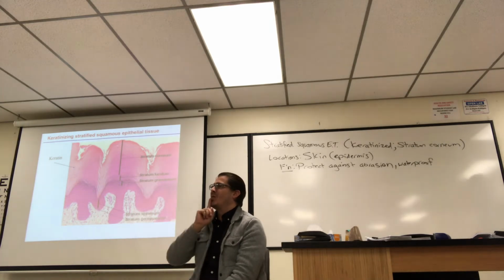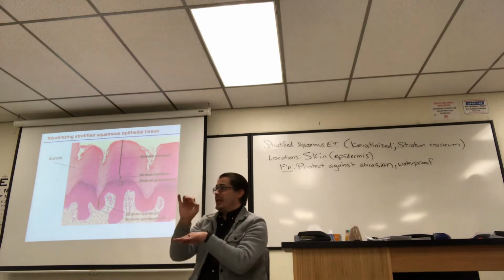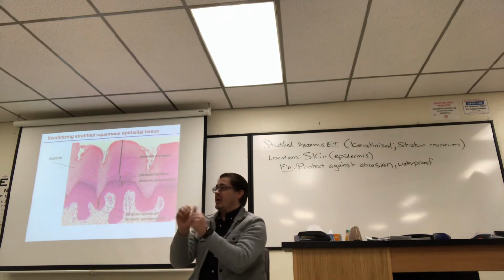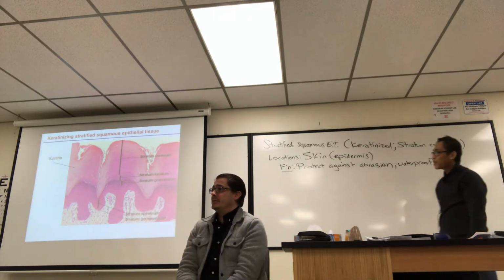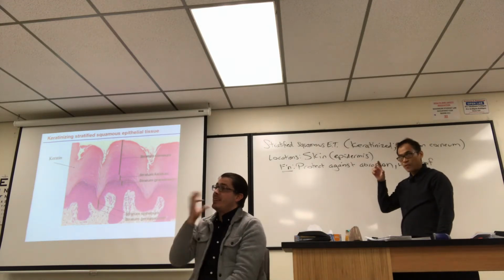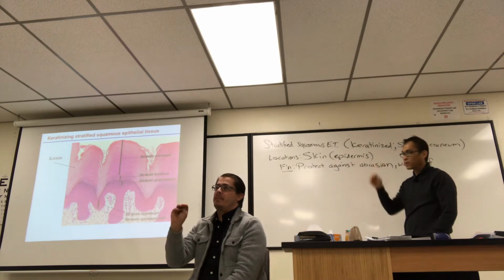Essentially, what that layer is, the keratin, are just dead cells filled with keratin. That's it. In thick skin, you would have a very thick stratum corneum. On thin skin, that layer would be much thinner.